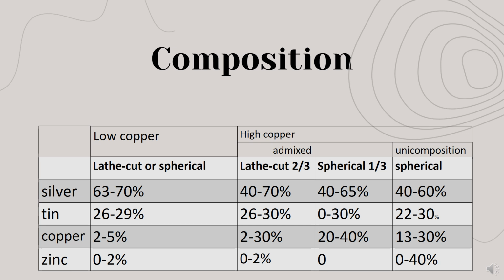Then spherical one-third of the admixed high copper alloys contain silver in the range of 40 to 65%, tin in the range of 0 to 30%, copper in the range of 20 to 40%, and they are zinc free. Then unicompositional contains silver in the range of 40 to 60%, tin in the range of 20 to 30%, copper in the range of 13 to 30%, and zinc in the range of 0 to 40%.